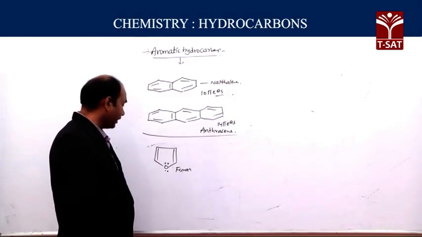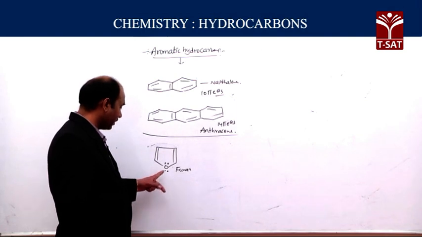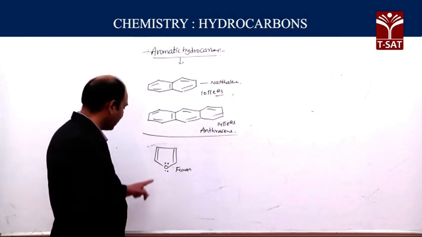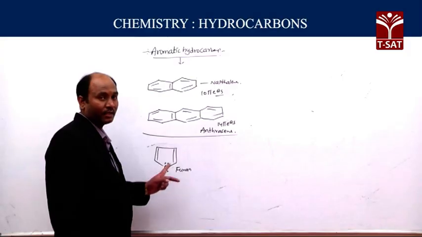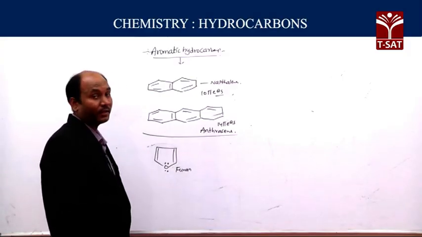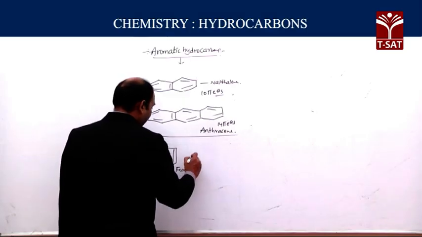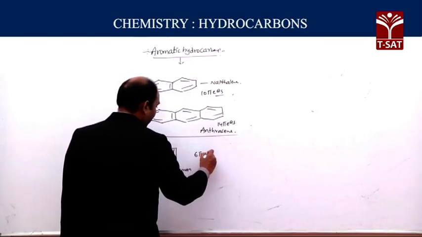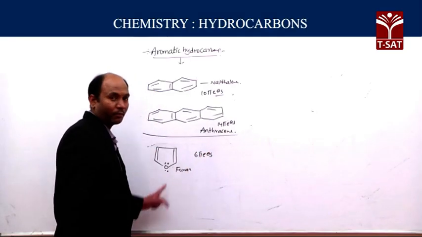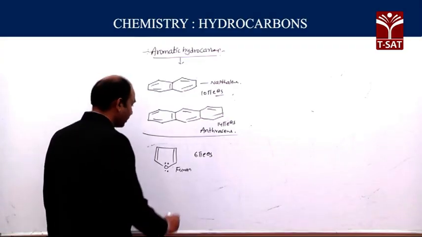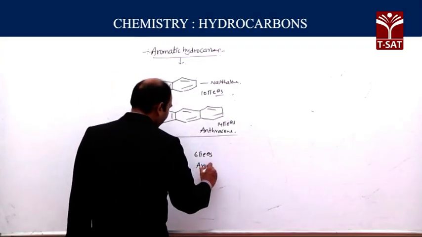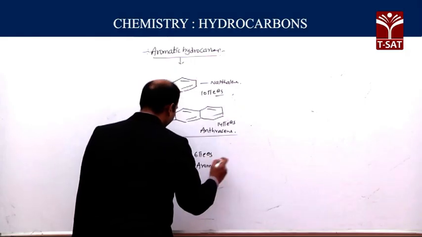The second lone pair is not considered in conjugation, because only 1 lone pair participates in delocalization. Therefore, the total is 6 pi electrons, 4n plus 2, so furan is an aromatic compound.